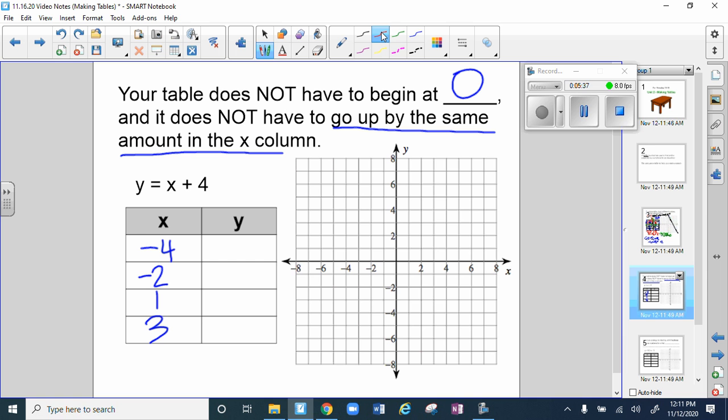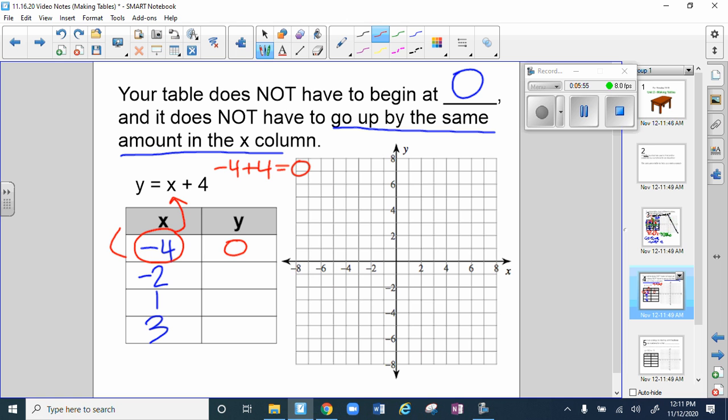So let's find our values for y. I'm just taking my x, plugging it into my equation, and finding that other part of the solution. So I'll have -4 plus 4, and that equals 0.